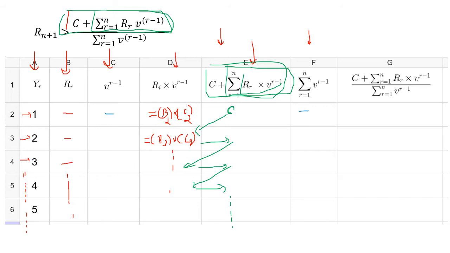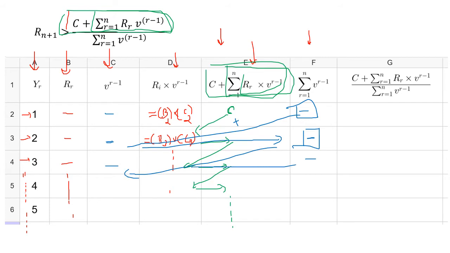Then the second term in this column will be the sum of this first term plus the second term in this column. Then the third term will again be the sum of the second term in this column and the third term in this column. Likewise, this will go on.